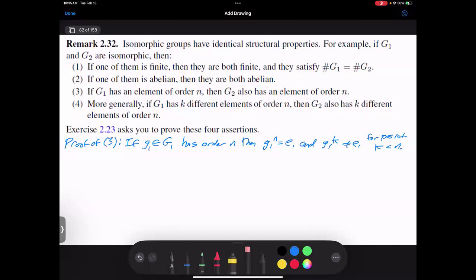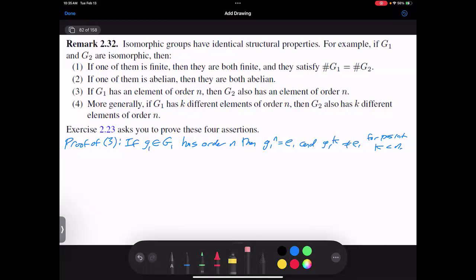So it's very important to make sure we have exactly the right definition or consequence of what it means to have an element of order n. It's not just that if I take the element and raise it to the nth power, I get the identity. It's that no smaller power works. Can somebody give me an element whose 17th power would be the identity in the group I'm thinking of?